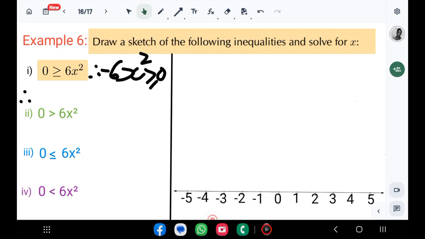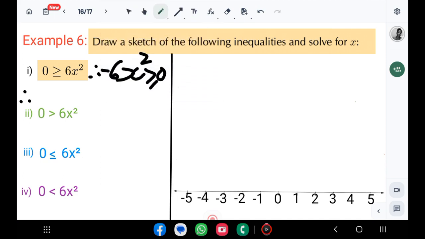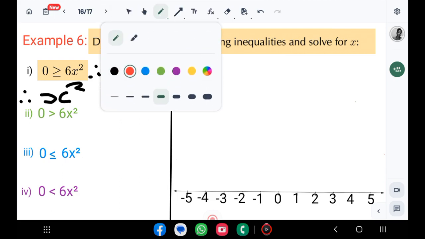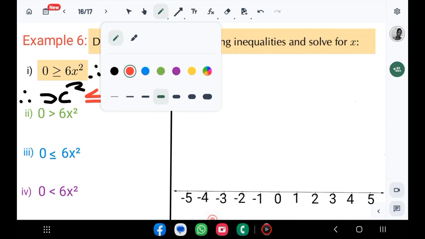Remember what happens when you divide or multiply by a negative: your inequality changes. So that becomes x squared is now less than or equal to 0. Because you divided throughout by negative 6.